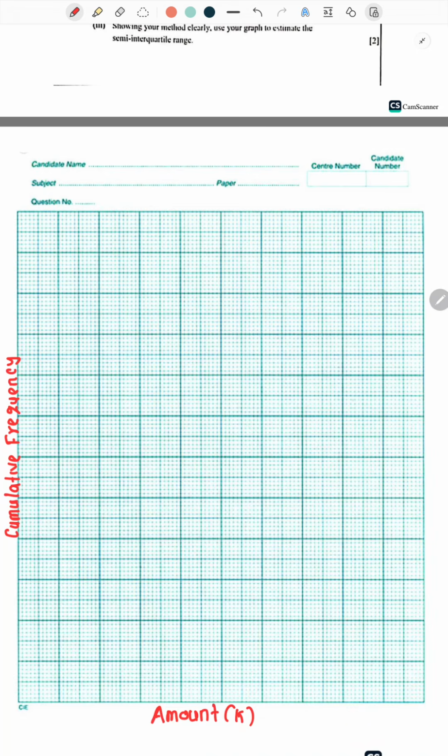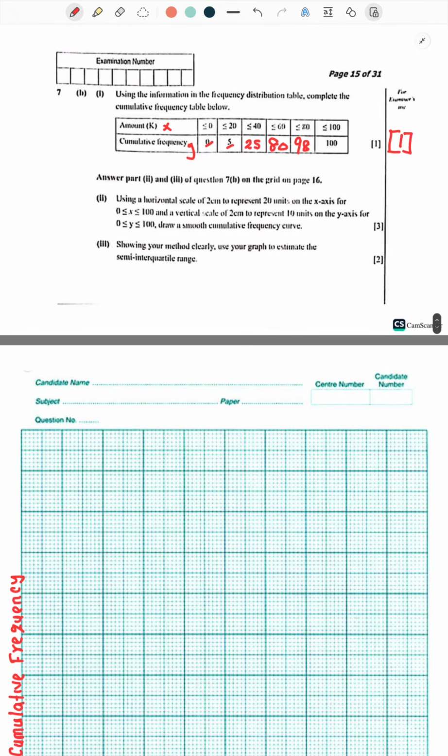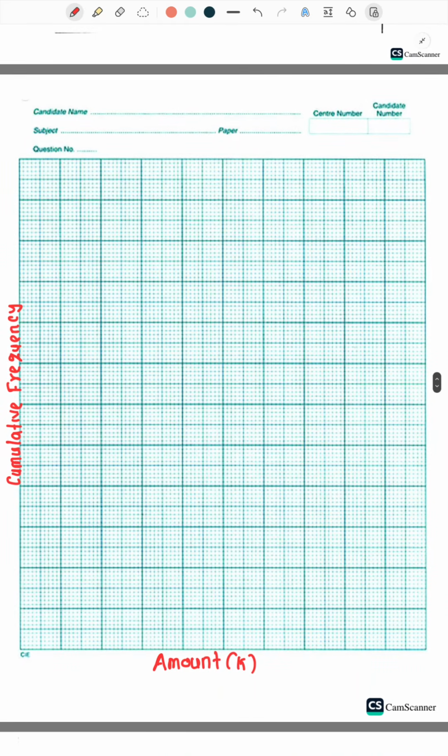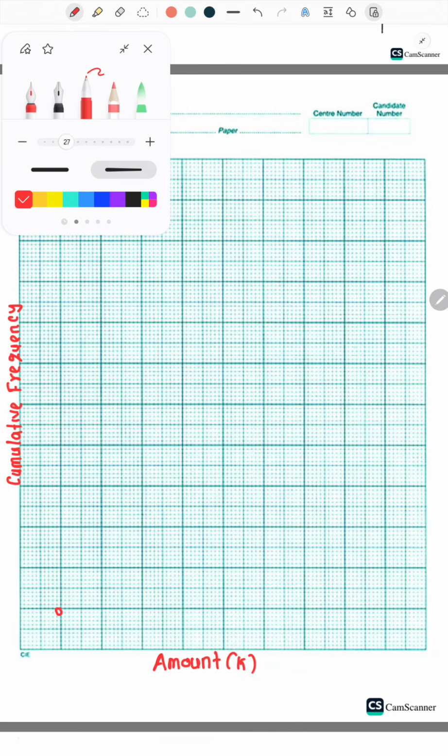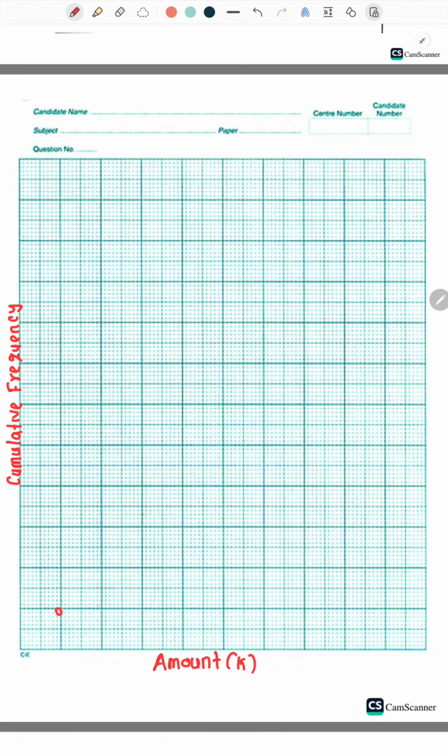Now we can plot. They are saying we are using 2 cm to represent 20 units on the x-axis. So this is going to be my 0, then 20, 40, 60, 80, and 100.